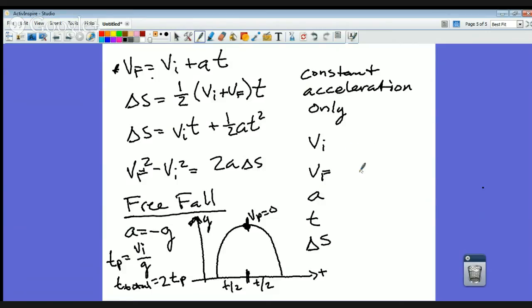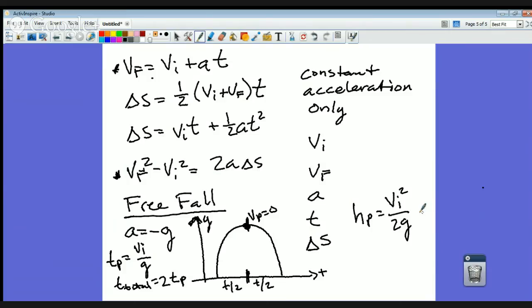Okay, so for the height of the peak, the velocity at the peak would be 0, the initial velocity would be whatever you threw it with to start, and you know that a is negative g, so you can use this equation. When you substitute things in, you find that the height of the peak is equal to vi squared over 2g. And that can be a helpful equation to know also.